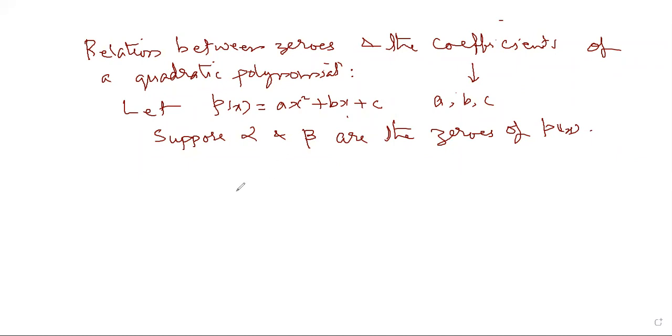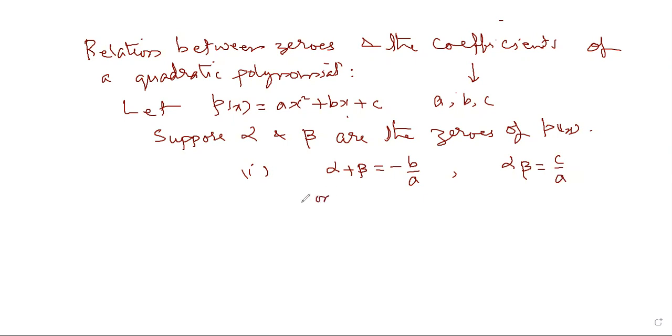Then we have to find the relation between the zeros of a quadratic polynomial. The first relation is the sum of the zeros, alpha plus beta, which is always equal to minus b upon a, and the product of zeros, alpha beta, is equal to c upon a. That is the formula.